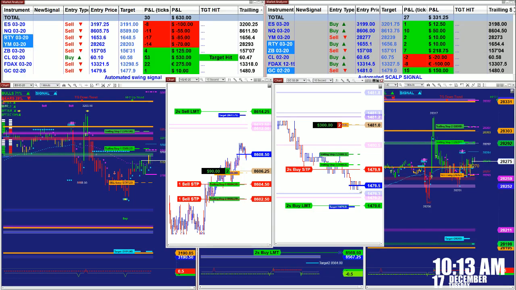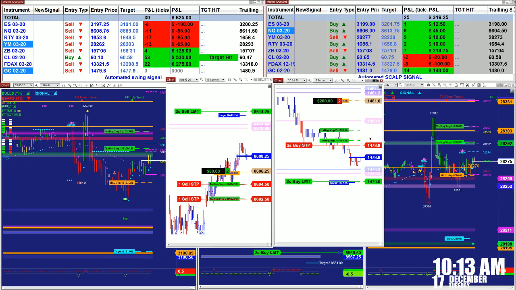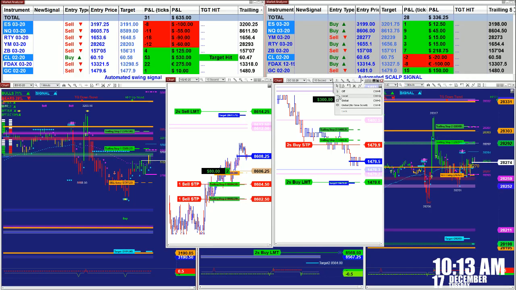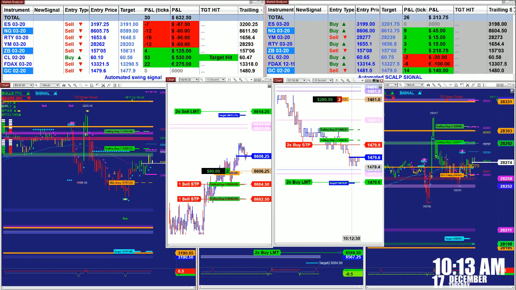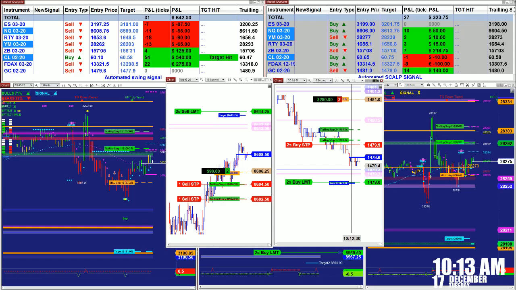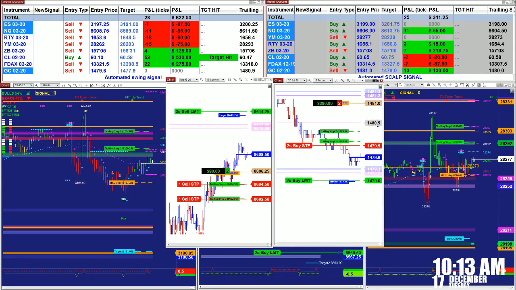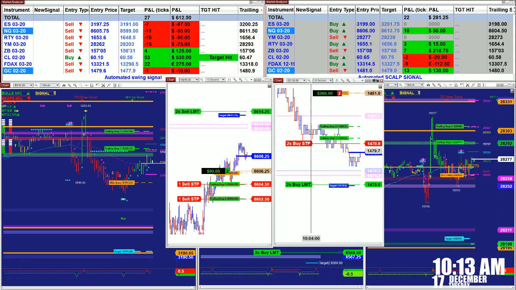Now if we look at the gold, you see where this gold is? It is holding at 14794, and look. So I tighten up the stop.